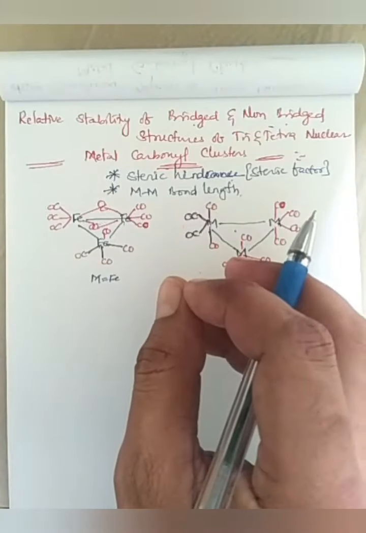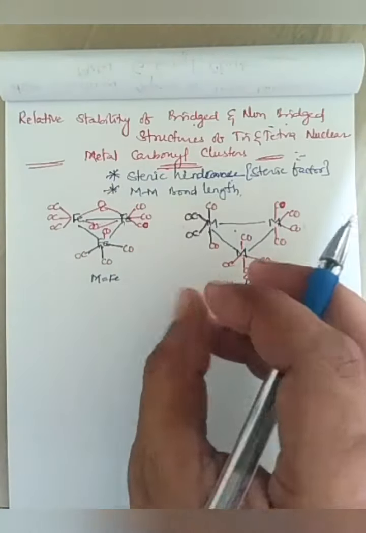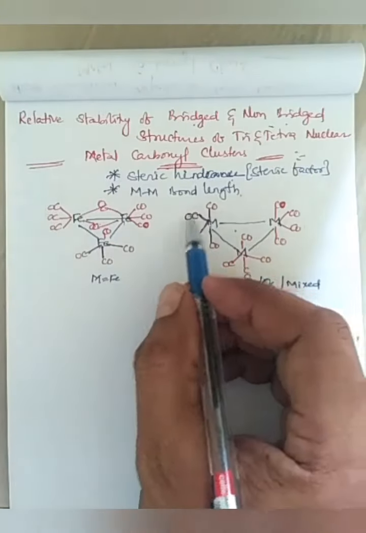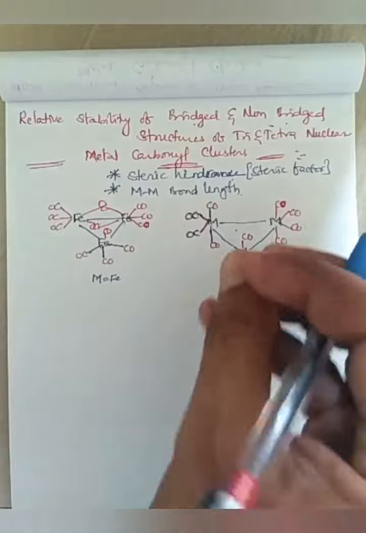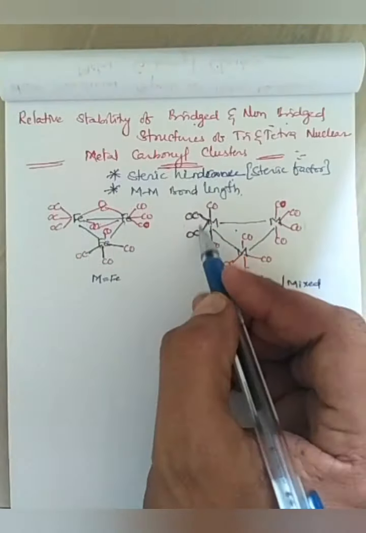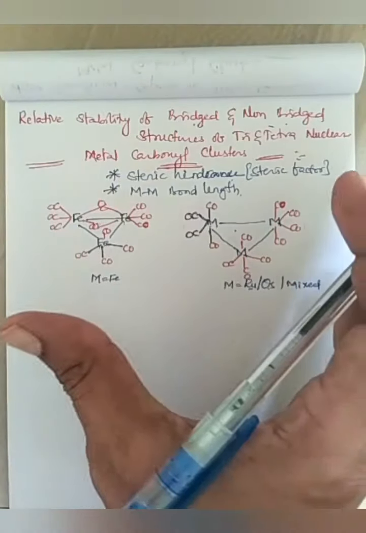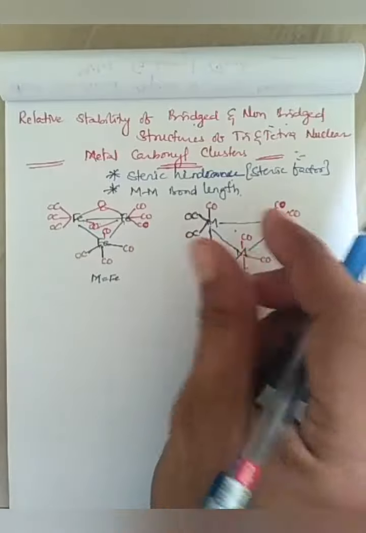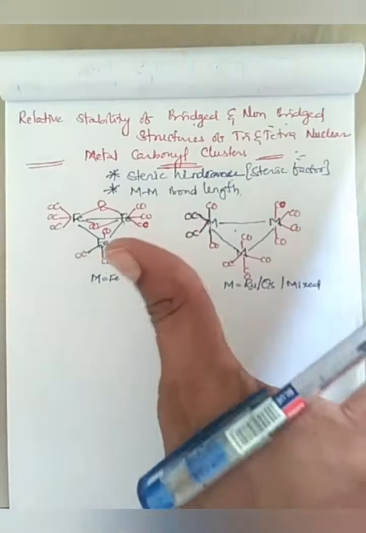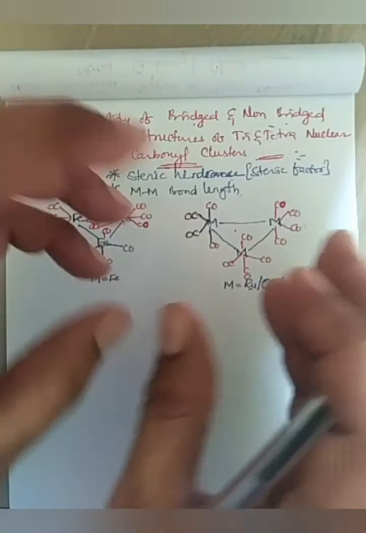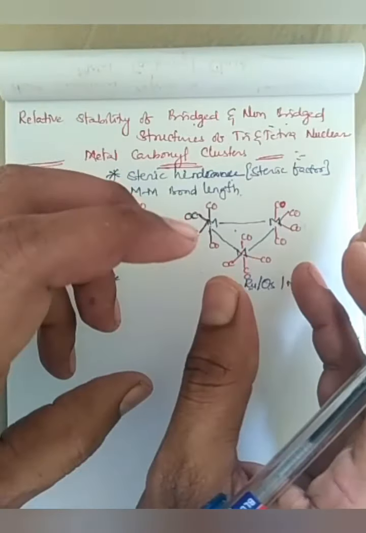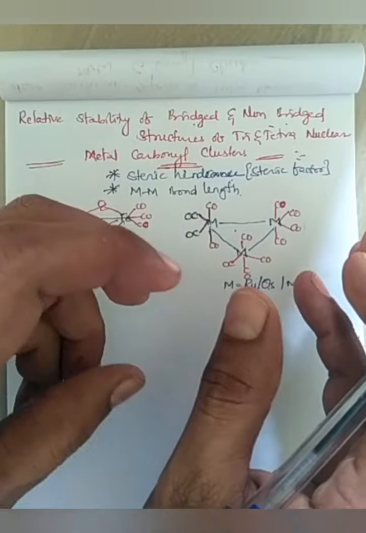As we vary the metal, the size of the moiety, the part of the moiety, gets enlarged, right? So as the size of the part of the moiety is enlarged, what happens? When the enlarged groups come closer to each other, there will be some steric hindrance, right?